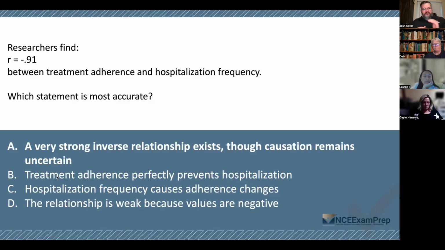So as treatment adherence goes up, what comes down? Hospitalization frequency. As people adhere to treatment, their level of hospitalization goes down, so much so that it's a very strong inverse relationship, right?